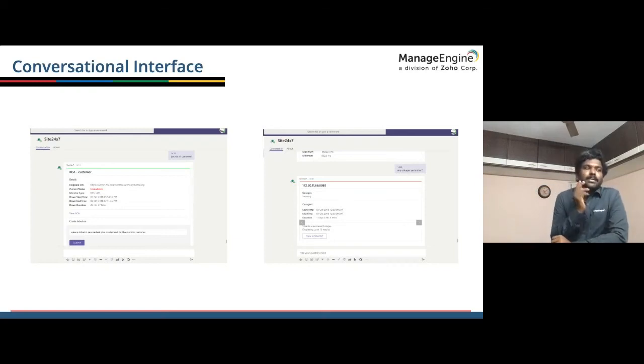So for example, you have networks. Let's say you have named your monitors like DB monitor 1, DB monitor 2. Now I can say, when was the last time DB monitor was down? So now the system has to present me the list of DB monitor star, what are all the DB monitors available, and it has to confirm which entity I'm talking about.